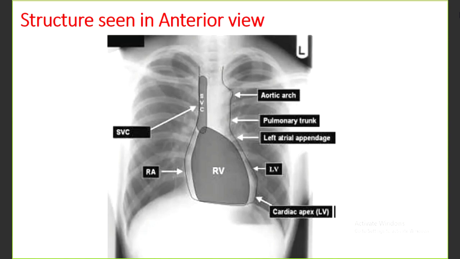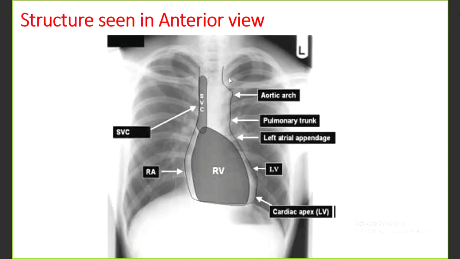Now, when we look at an anterior view of the X-ray, the structures we see on the right border of the heart from top to bottom include SVC and the right atrium. The right ventricle more or less does not form either the left border or the right border in an anterior view.